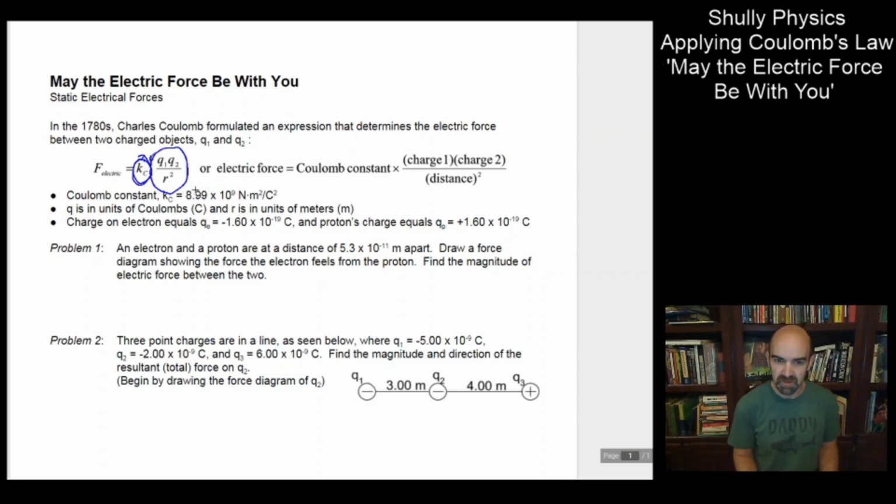It's just a number, just like pi. It is always 8.99 times 10 to the 9th power. I like to shorten that to 9 times 10 to the 9th power. If you plug in 9 times 10 to the 9 in these expressions, when we're solving problems 1, 2, and 3, you're not going to get a significantly different answer if you use 9 instead of 8.99. All right.